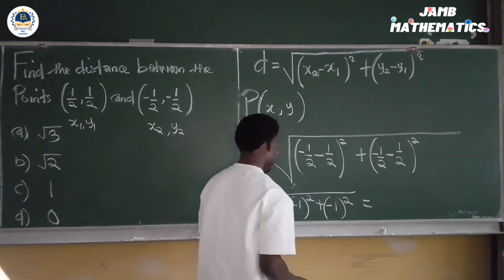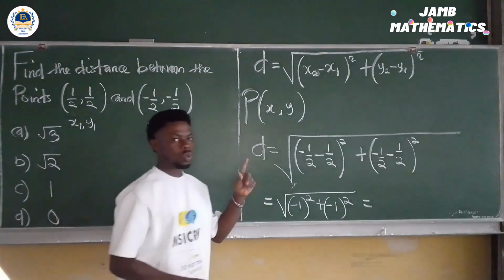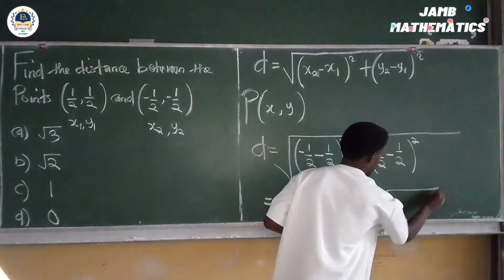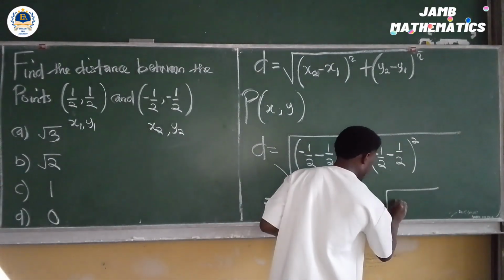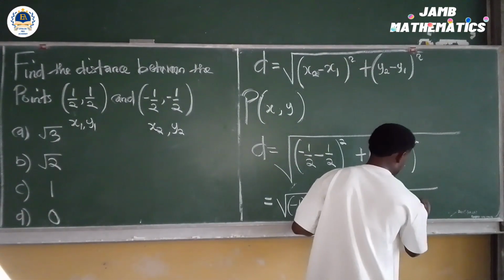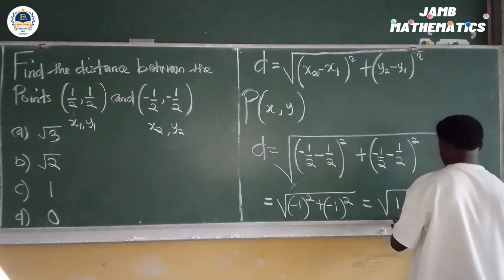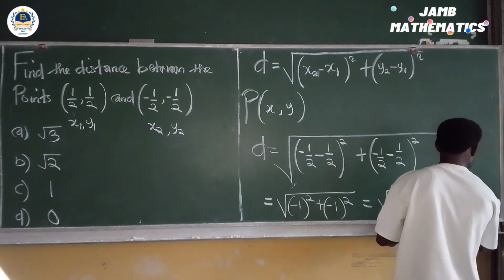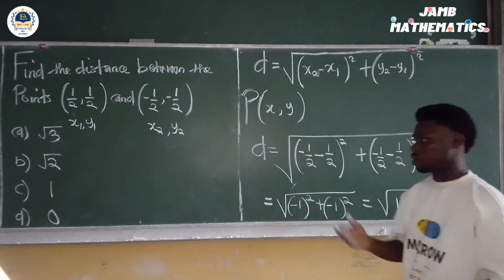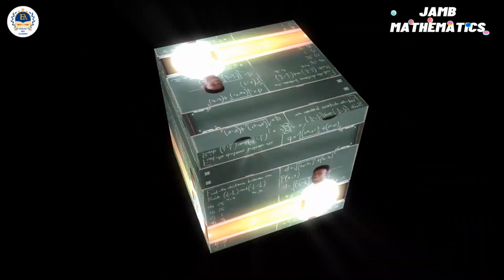So we are going to obtain minus 1 squared is plus 1. So we have 1 plus minus 1 squared is 1. Therefore, we are going to obtain square root of 2, which is an irrational number. So the correct answer on the board is option B, root 2.